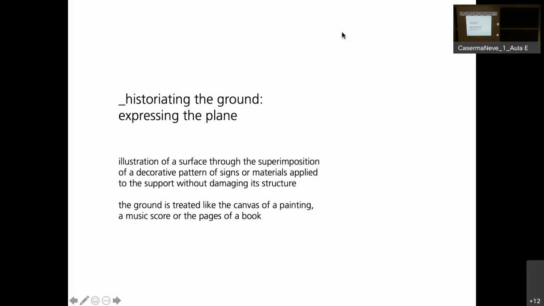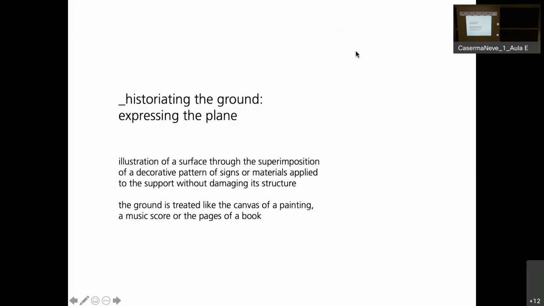The ground, in this case, is treated like a canvas, like the canvas of a painting, or like a music score, like the pages of a book. Imagine that the ground is something on which you can write, on which you can draw. Something that can be invested by a narrative, decorative, figurative intervention.